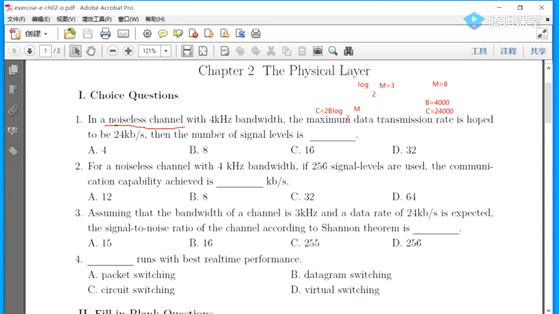So for a noiseless channel, we should use the Nyquist theorem, and we should remember the equation.